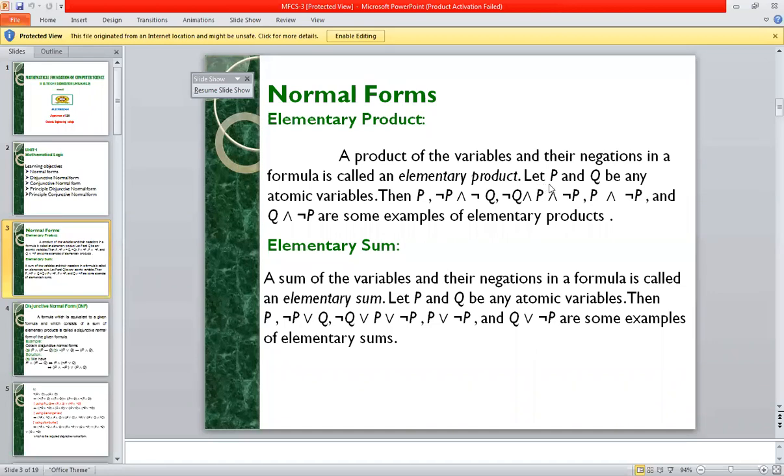Let us consider, let P and Q be any atomic variables.